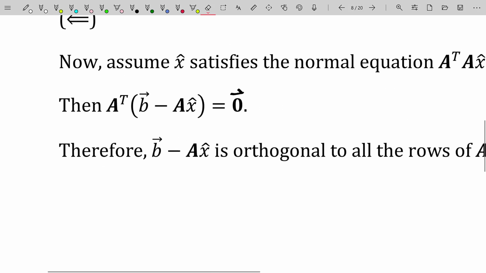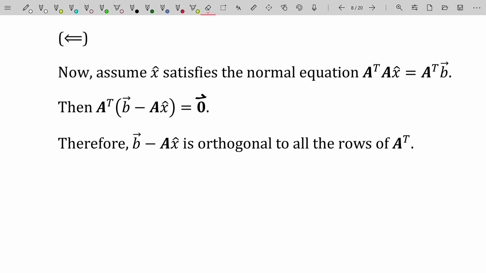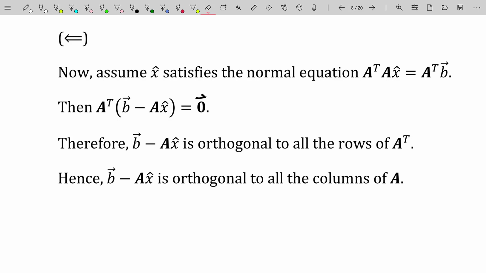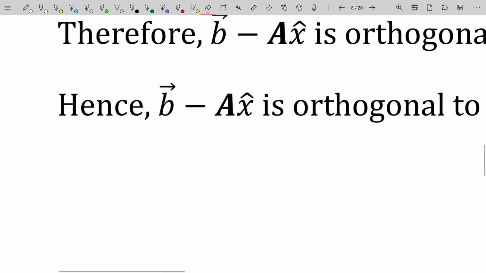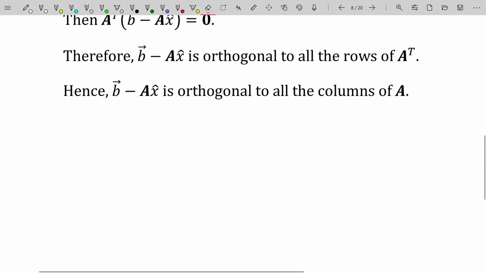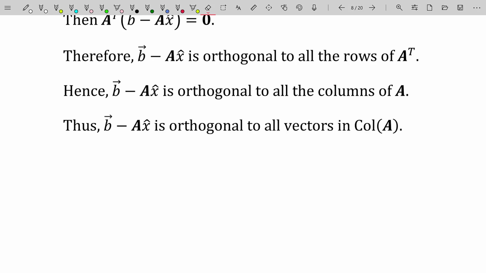The vector B minus AX hat must be orthogonal to all the rows of A transpose. Hence, B minus AX hat is orthogonal to all the columns of the matrix A. What does that mean? It means that B minus AX hat is not in the column space of A. Specifically, it's orthogonal to all vectors in the column space of A.